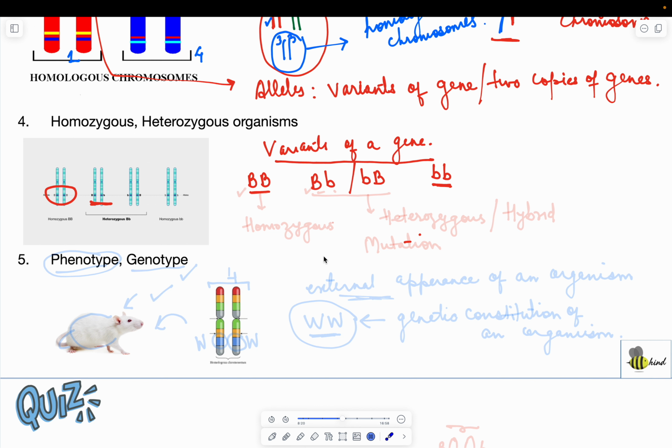Those two copies can be either identical or different. If they are identical, then the individual is homozygous. And if they are not identical, then the individual is heterozygous, right? These heterozygous individuals are also known as hybrid because they have different alleles. And how are these different alleles created? They are created by the process of mutation.